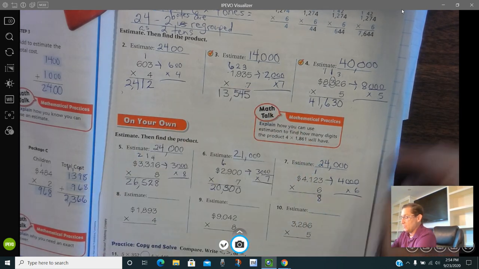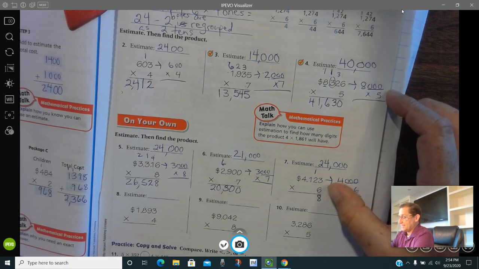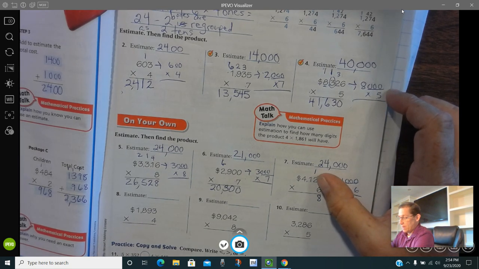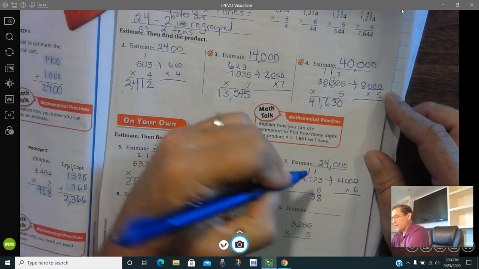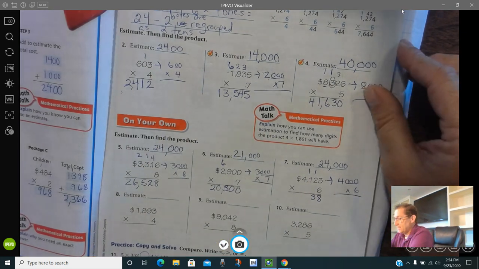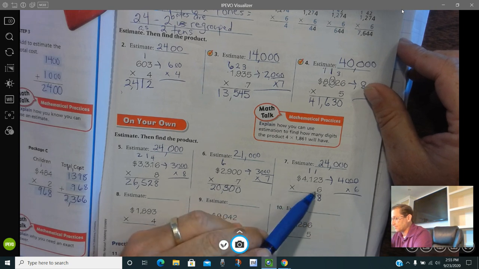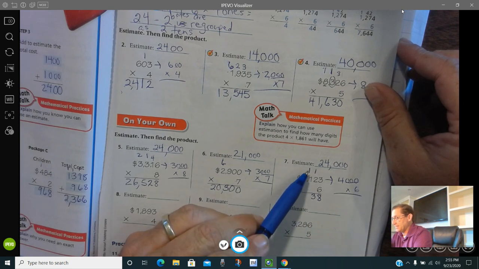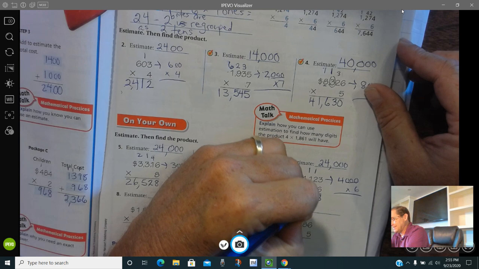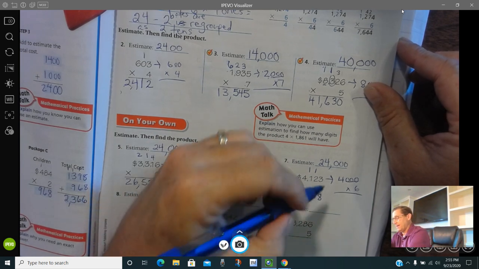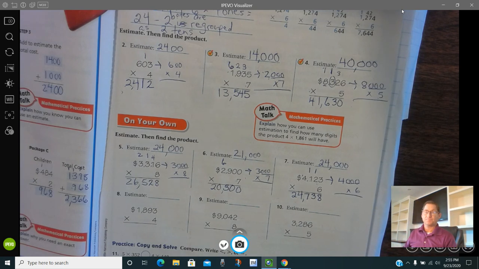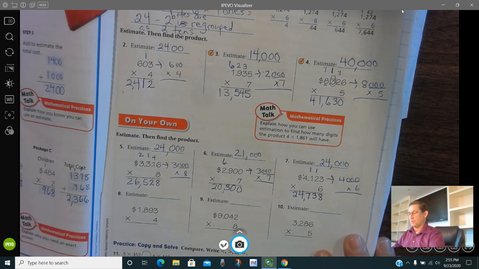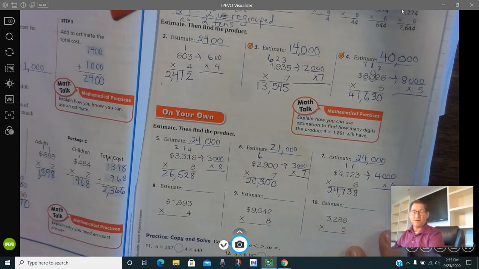Regroup 10 of those ones as a 10. 6 sets of 2 tens is 12, plus 1 more is 13 tens. Regroup 10 of those tens as 100. 6 times 100 is 6, plus the regrouped 100, 7. And 6 sets of 4,000, 24,000. That is close to my estimate, so I'm happy with my work.